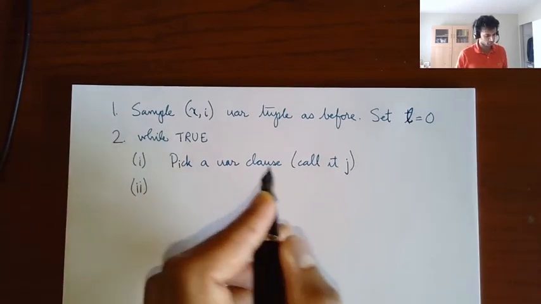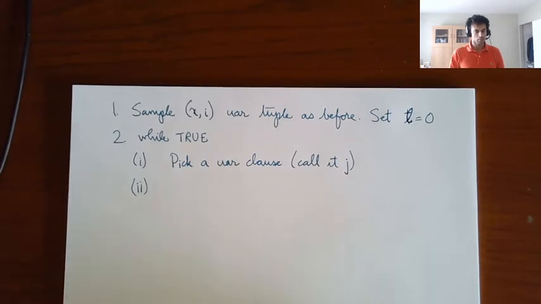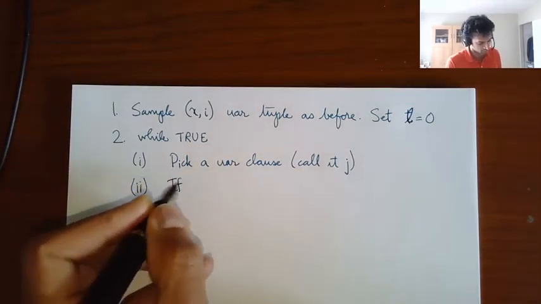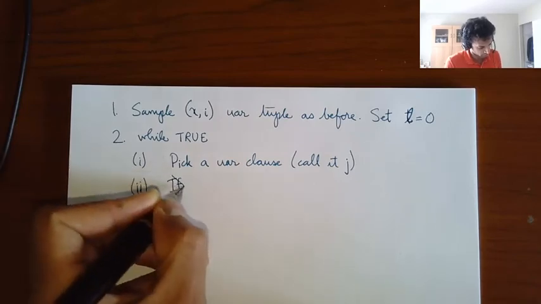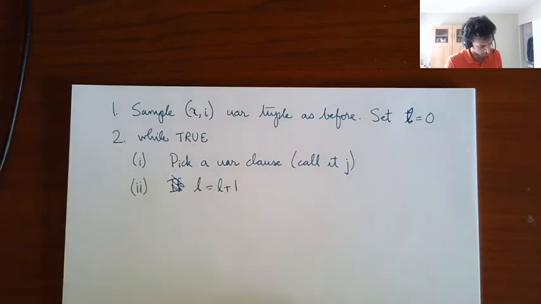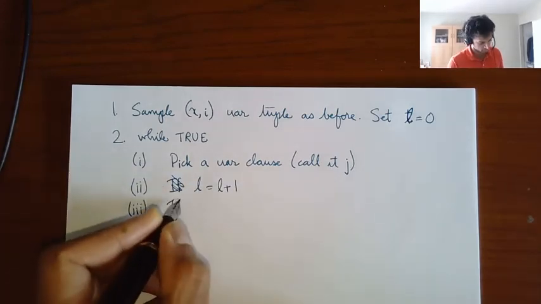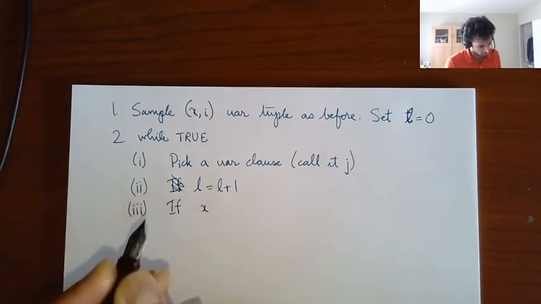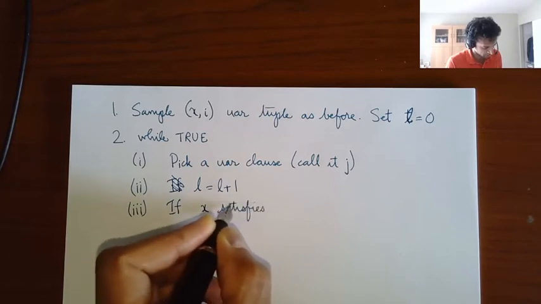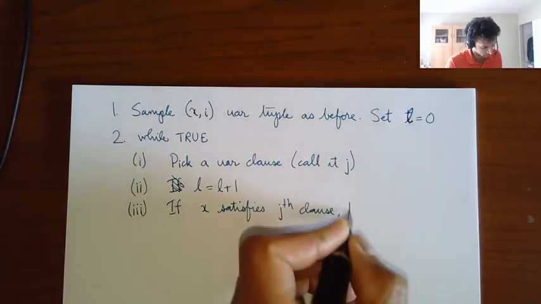I'm going to pick a uniform at random clause and call it J. I will do L is equal to L plus 1, so I'll increment L. And then I'll say if X satisfies the jth clause, just break from the loop.